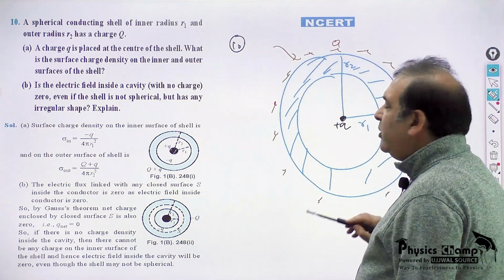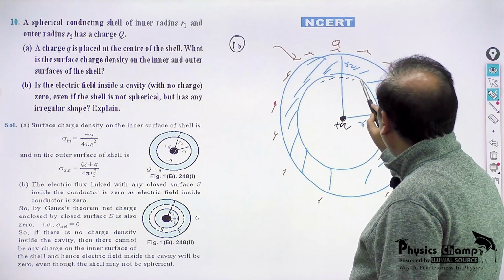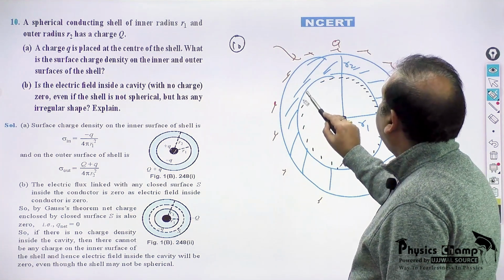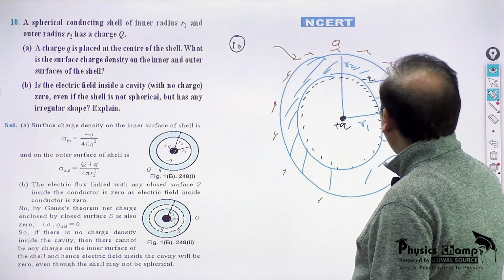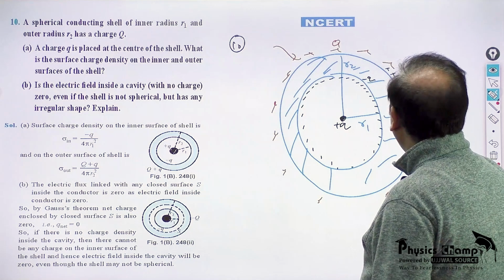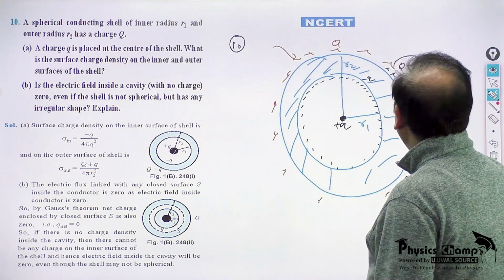If q is placed here, how much will be the charge on the inner surface? It will be minus q. And how much is the extra induced charge on the outer surface? It will be plus q. So the total charge there will be Q plus q.